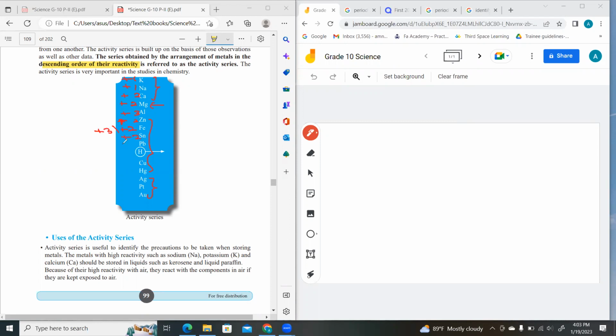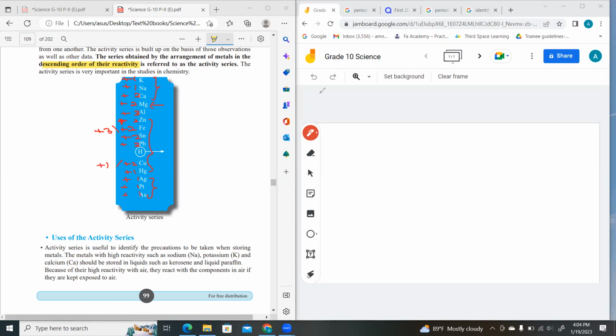Then zinc +2, lead +2, copper. Copper has two types of ion, +2 or +1. Both are there. Ag mostly +1, platinum +1. This is how their charges will be when they are reacting with oxygen or any other substances. So make sure to remember their charges first before everything.